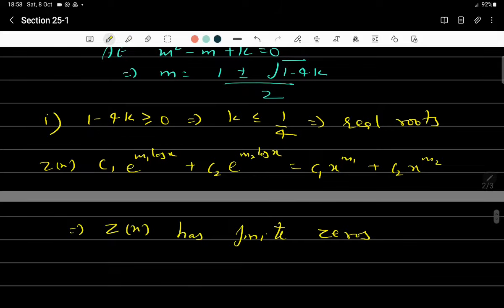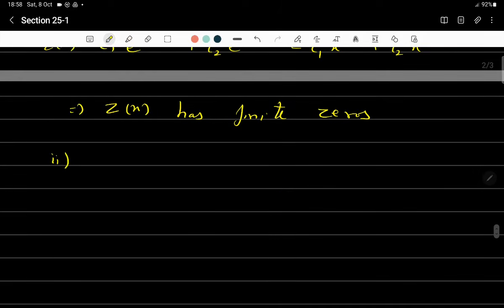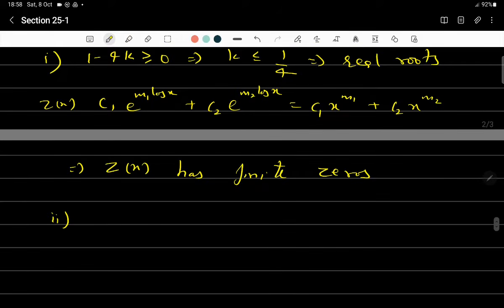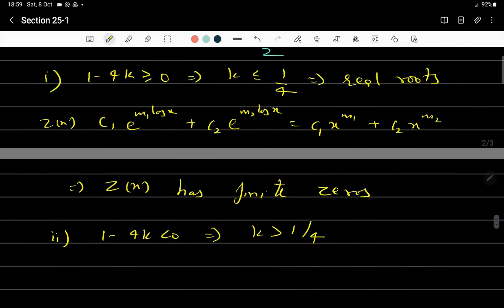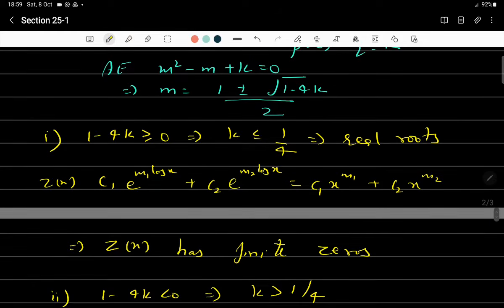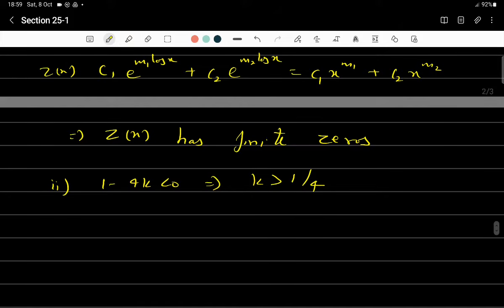Yes, this is case 1. Finite zeros, because x mainly vanishes when x is equal to 0 or in some rare cases. If I take case 2, 1 − 4k < 0, which is k > 1/4, then you will get e^((1/2) log x), which is root x, and then you will get sine and cosine functions.